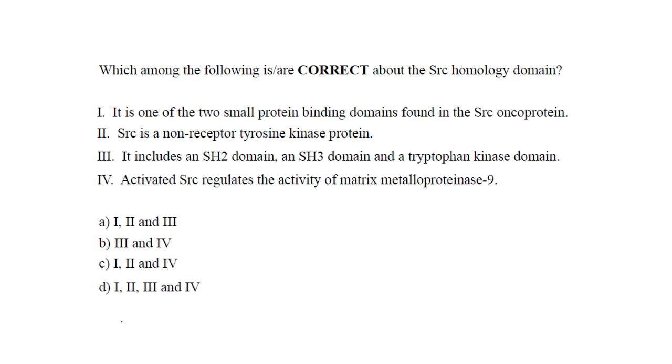It includes an SH2 domain, an SH3 domain, and a tyrosine kinase domain. So it's not a tryptophan kinase domain, it's a tyrosine. And activated SRC regulates the activity of matrix metalloproteinase. So 3, this one is incorrect.